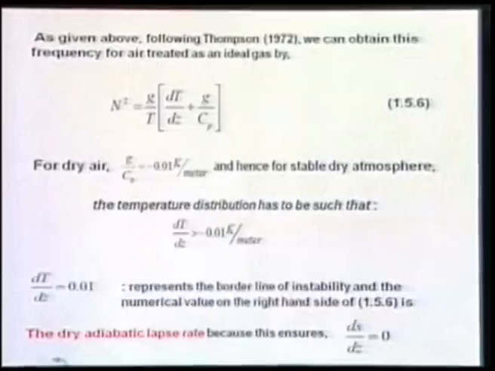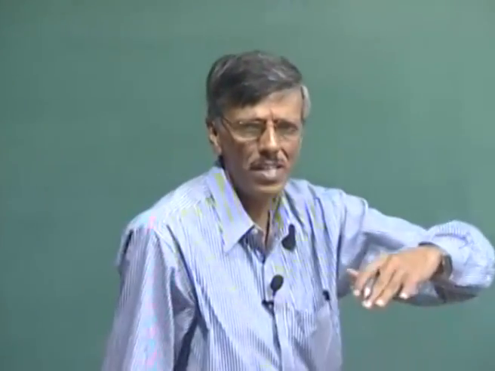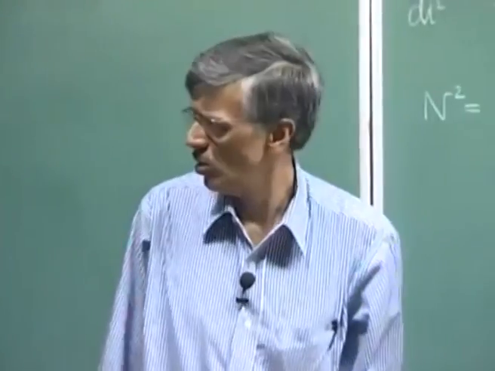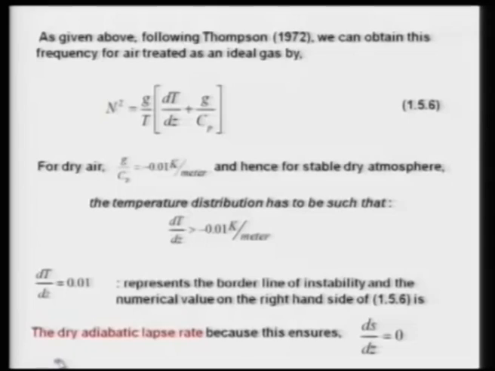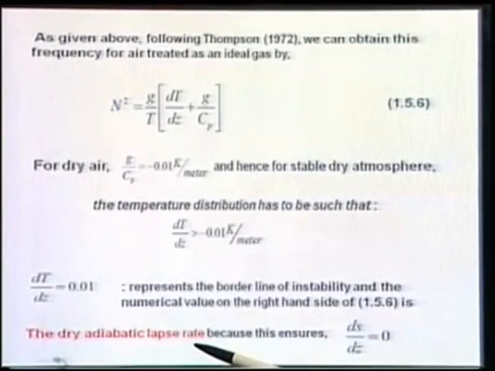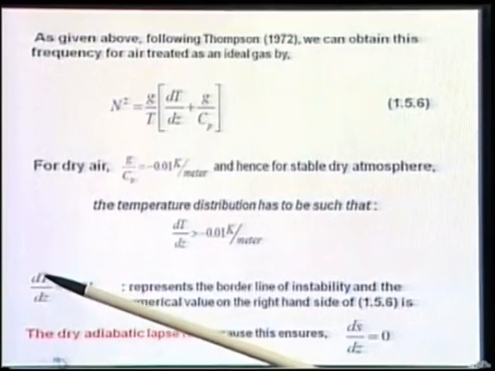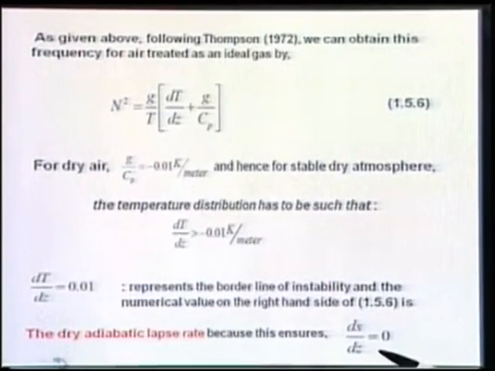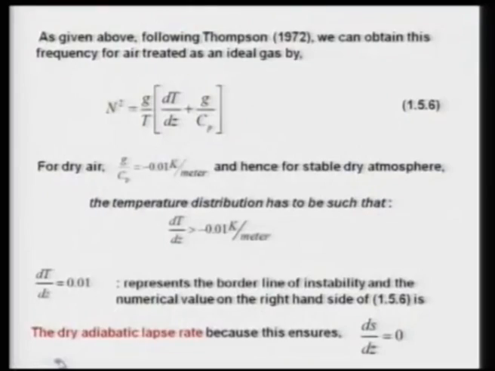Okay. So, this value of dT/dz equal to 0.01 comes from the expression for dS/dz, how the entropy of the ambient air is changing with height. So, this kind of fall in temperature, called the lapse rate, this value corresponds to the case where S does not vary with height.